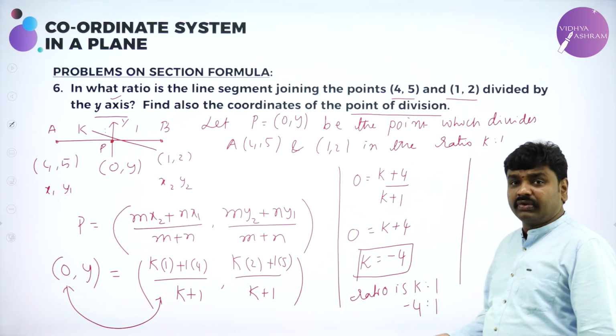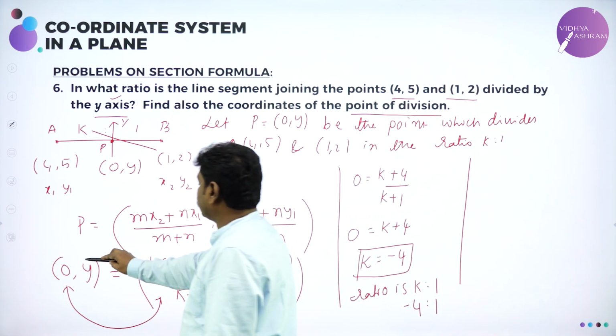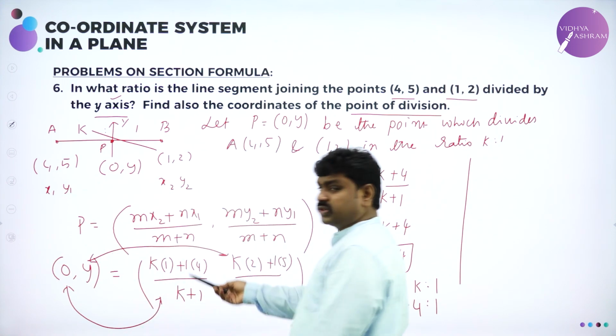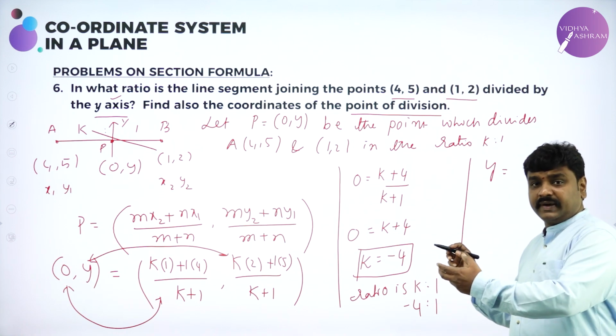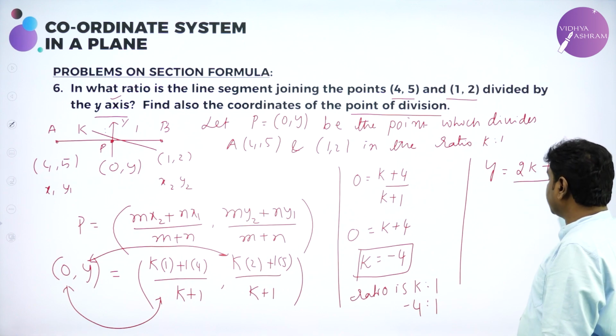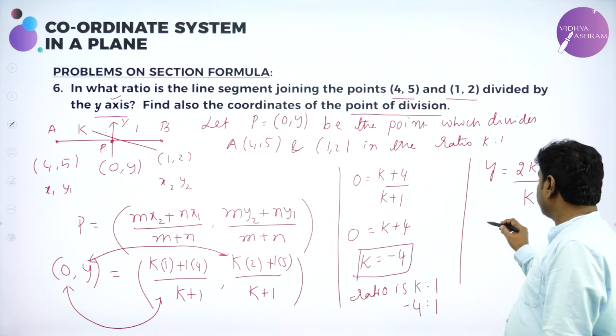And they want you to find the y point also. If you want the point, equate y coordinate with y coordinate. What is the y coordinate in LHS? y. In RHS, what is the y coordinate? 2k plus 5 divided by k plus 1, and the y coordinate value we want to find.